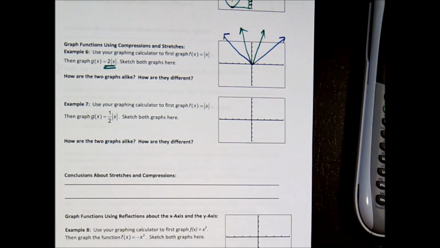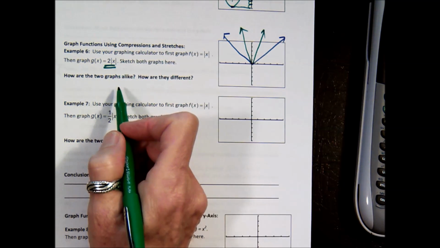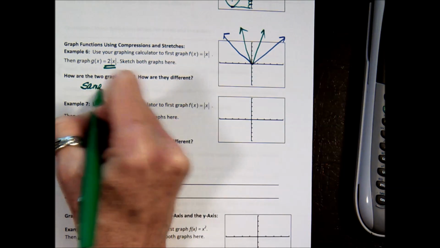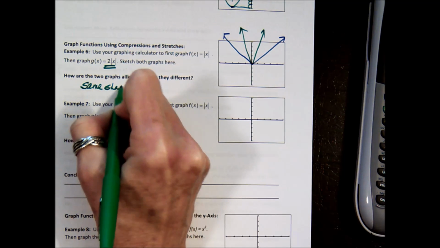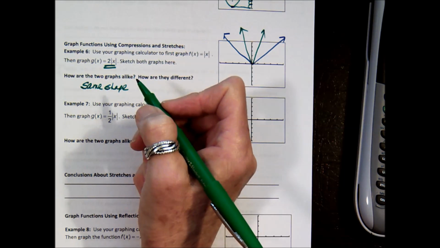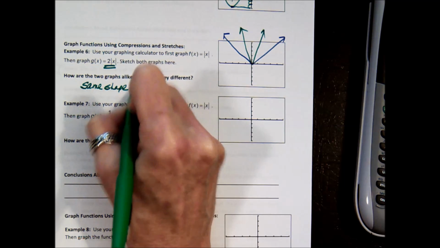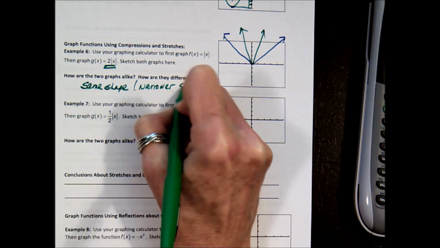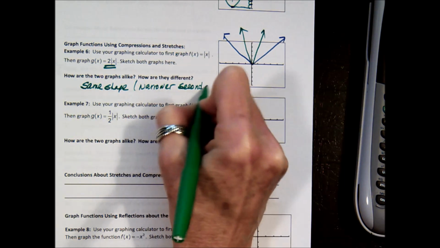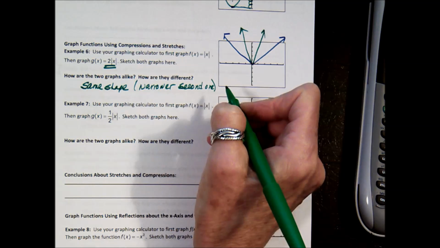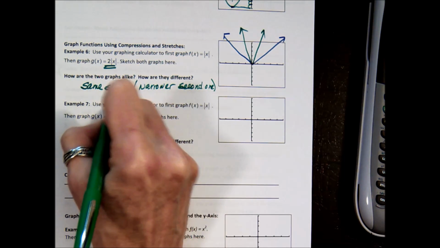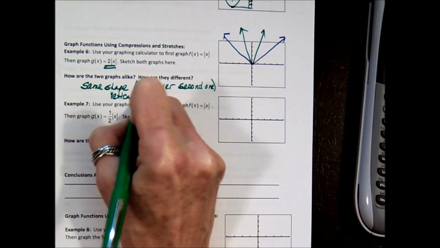And so how are those two graphs alike? They're basically the same kind of shape, but one is narrower. So I'm going to put narrower second one. Narrowing the graph is called a vertical stretch.